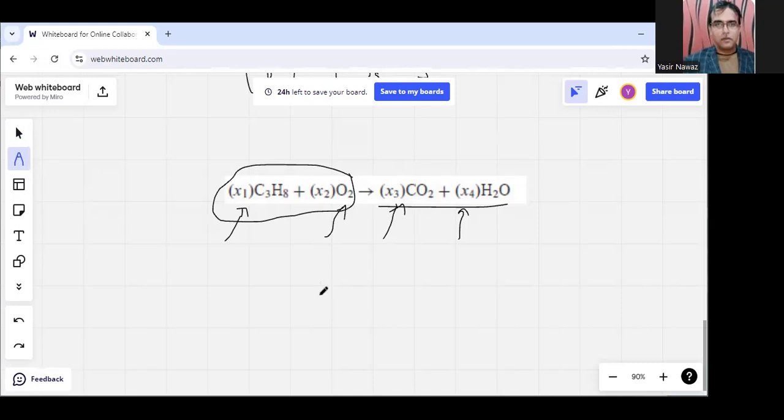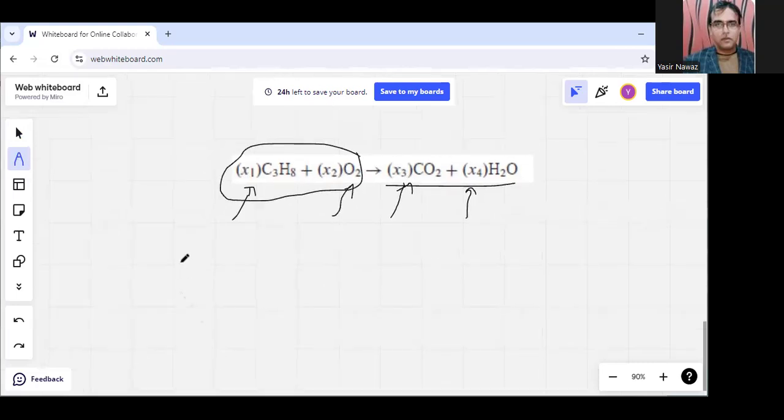For handling this kind of situation, there will be four vectors. In each vector, the first place is the number of carbon atoms, then the number of hydrogen atoms, and the third place is the number of oxygen atoms. For the first molecule on the left side, there are three carbon atoms, eight hydrogen atoms, and zero oxygen.